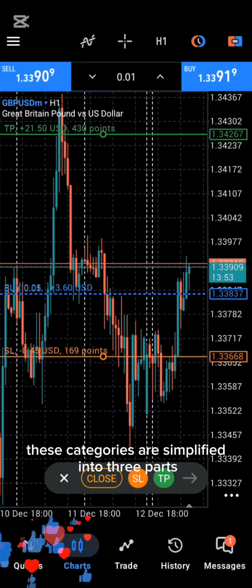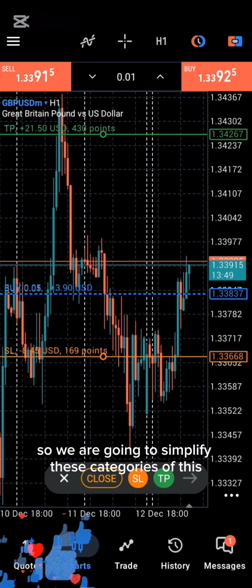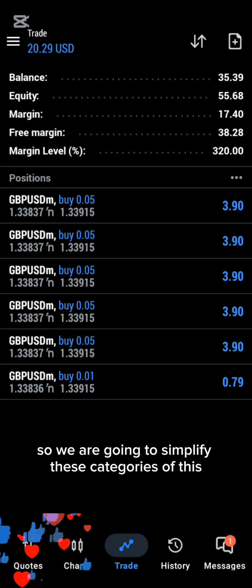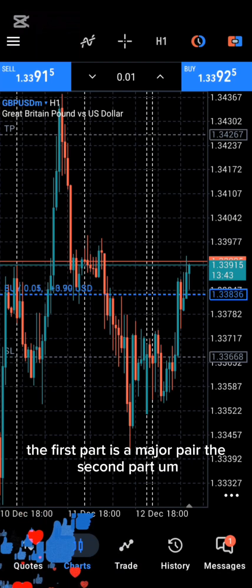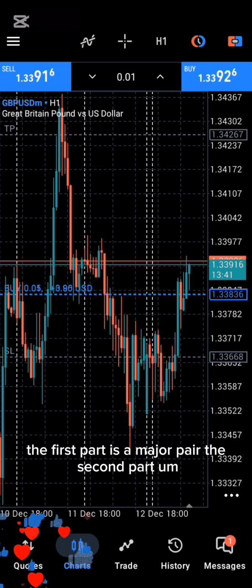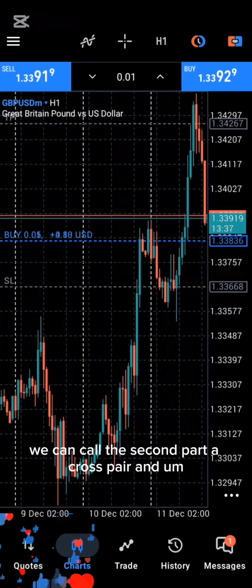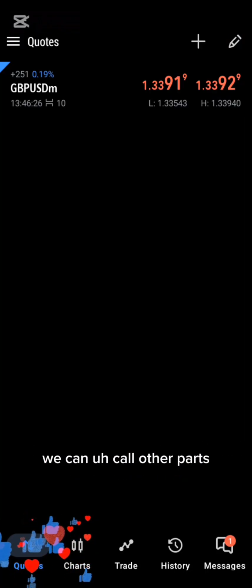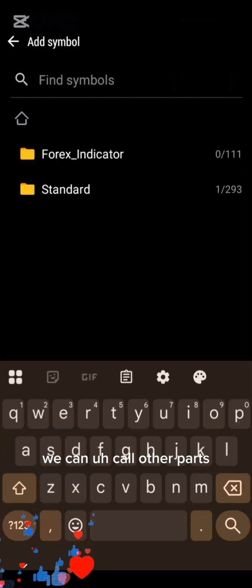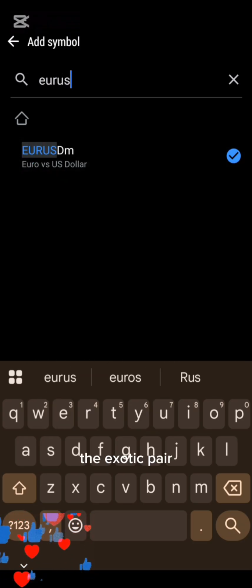These categories are simplified into 3 parts. So we are going to simplify these categories of currency pair into 3 parts. The first part is a major pair. The second part we can call a cross pair, and we can call the other part the exotic pair.